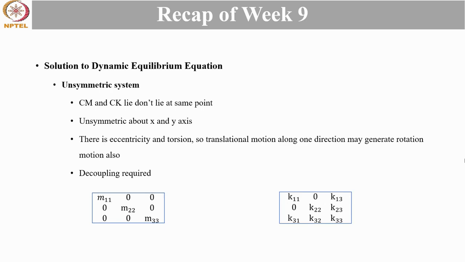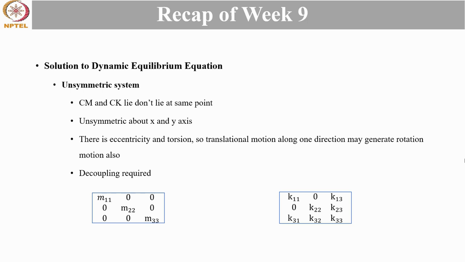However, when the center of mass and center of stiffness don't lie at the same point, the system is said to be unsymmetric, and hence it has some eccentricity which brings torsion into action. In simple words, such a system, if subjected to, say, x direction translation due to unsymmetry in mass or stiffness, will not only translate along the x direction but will also rotate.